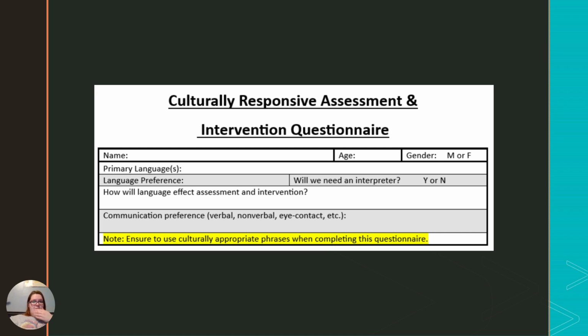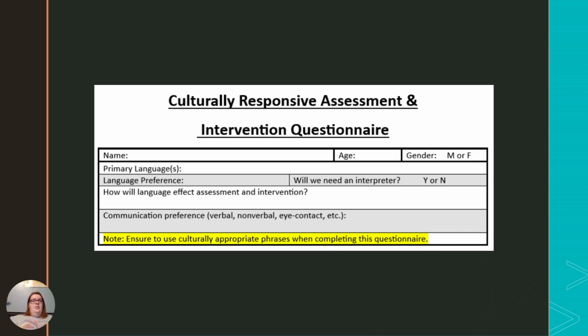All right, for starters, the culturally responsive assessment and intervention questionnaire. Of course, you're going to start with a client's name. You can go ahead and come up with a name if you want, an age, a gender. You want to look into their primary language and their preference because some of ours may speak multiple languages, but speak one better than the other.